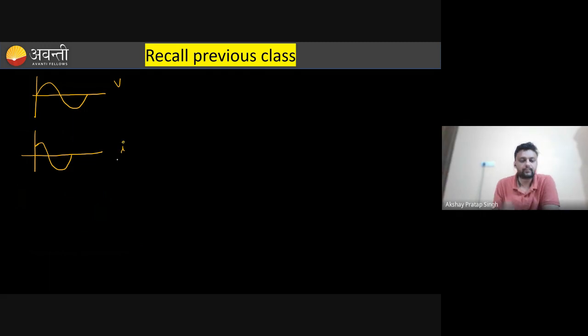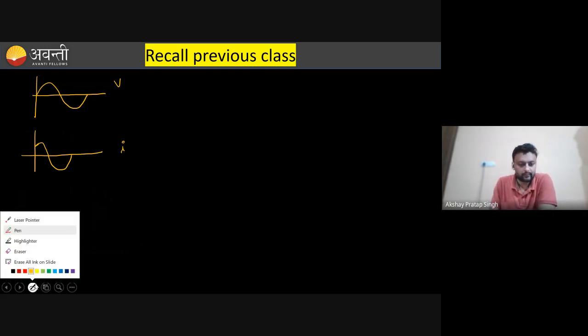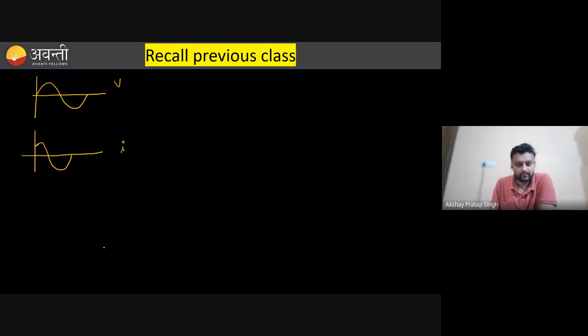Can you tell me out of these two graphs, which is leading and which is lagging, in terms of phase? Can anyone answer? I is leading, JNVPTA is saying.